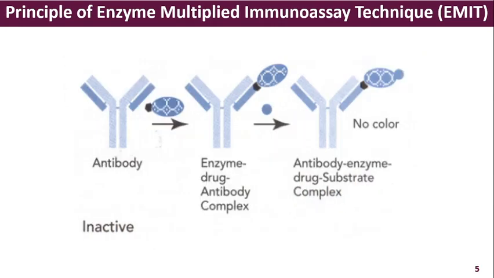Let us see, the drug molecule conjugated to the enzyme is available with you, and you are investigating in the urine sample or serum or plasma sample of the subject the same drug molecule, or it could be the drug metabolite, or it could be an anabolic steroid or a normal hormone, whatever it may be. You need to have now readily that particular molecule available in the form of a complex with the enzyme with you.